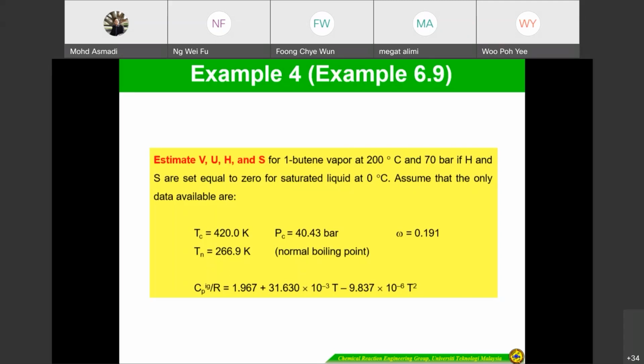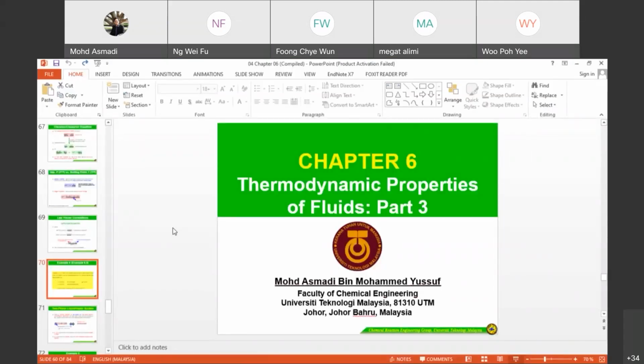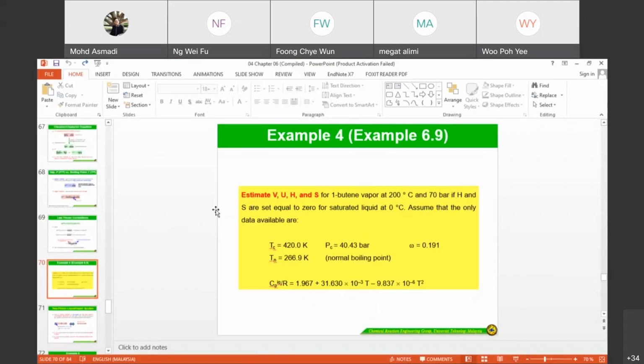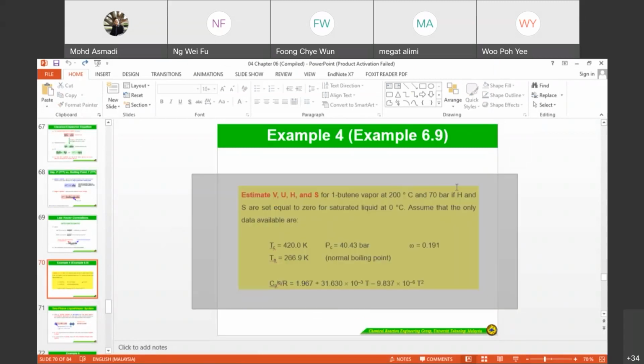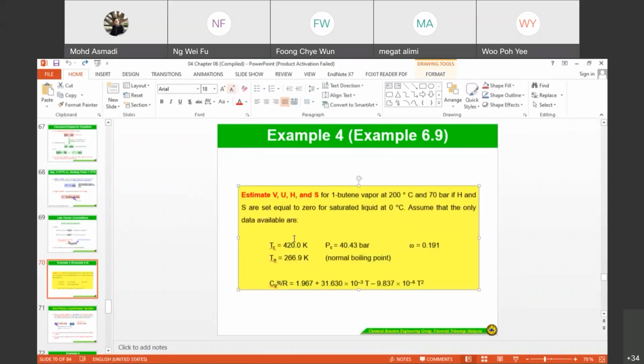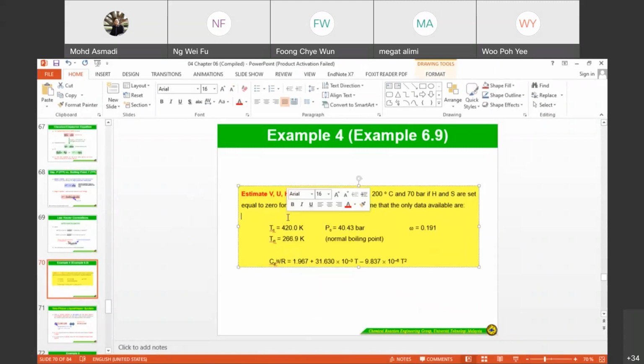TN is the normal boiling point, and also CPIG. I will just explain briefly about the hypothetical path, since you can read more detail from your main textbook.